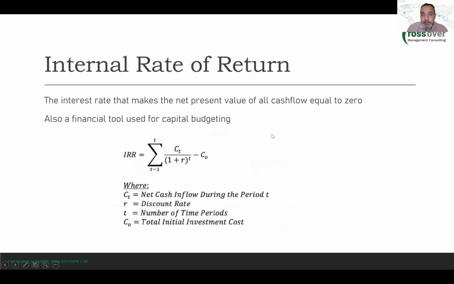Why did we not mention it here? The payback period is the period that we need in order to get our investment back.